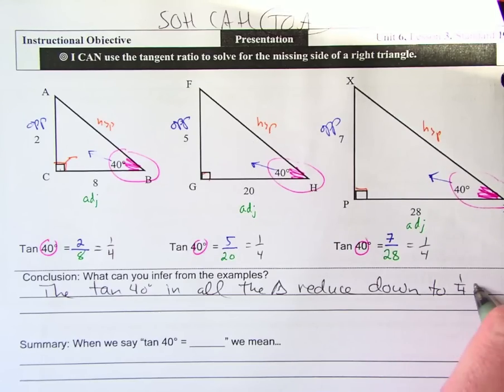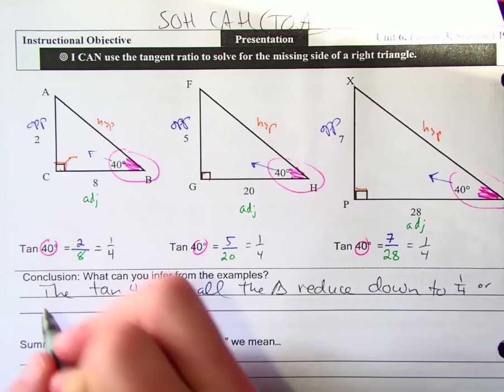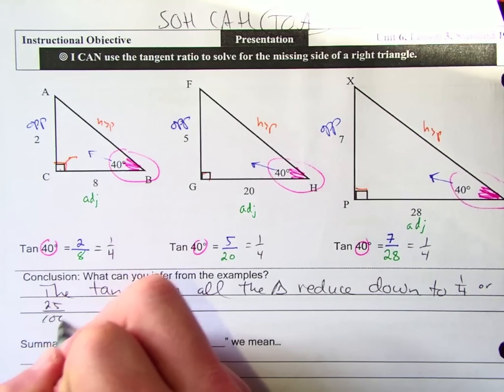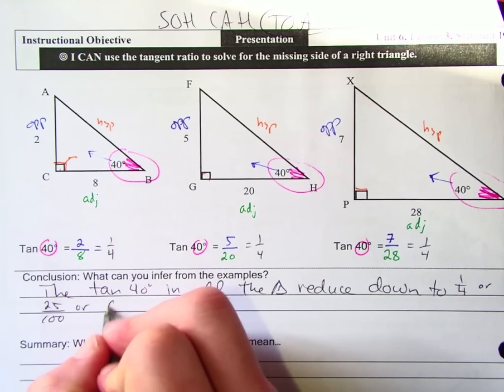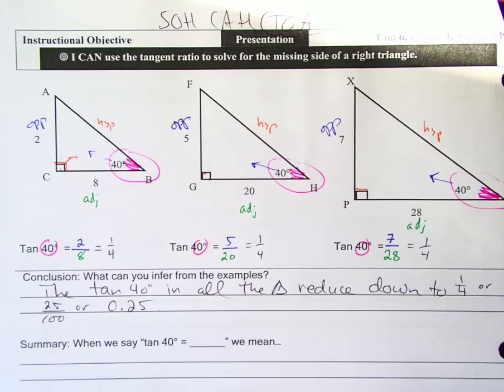Now 1/4, couldn't we also say 25 over 100, 25 hundredths? I want to put that out there because we'll see things written in different formats today. So they all reduce down to the same thing.